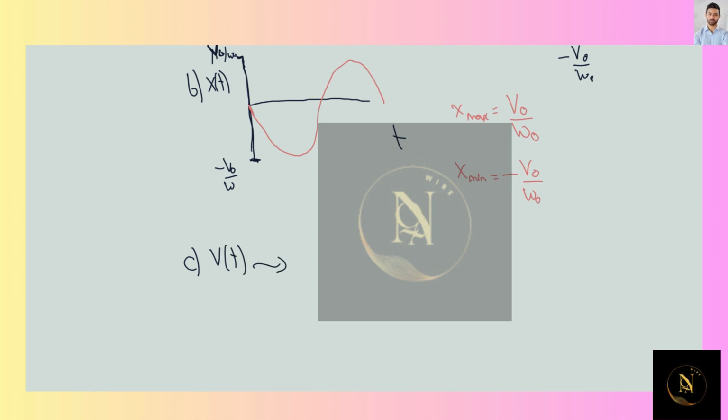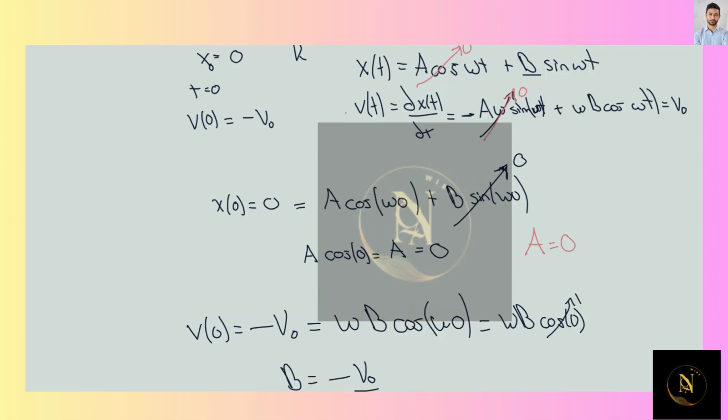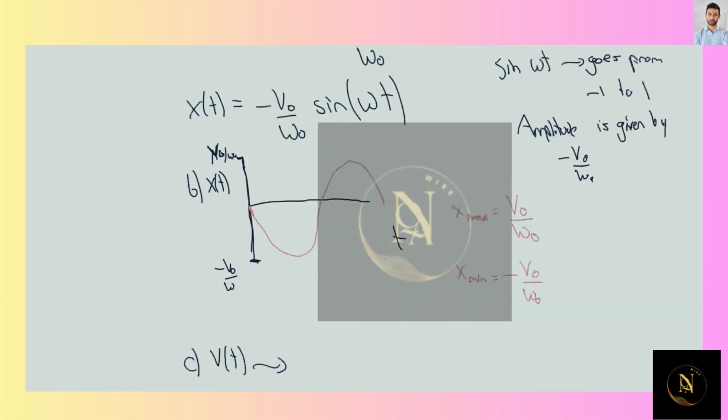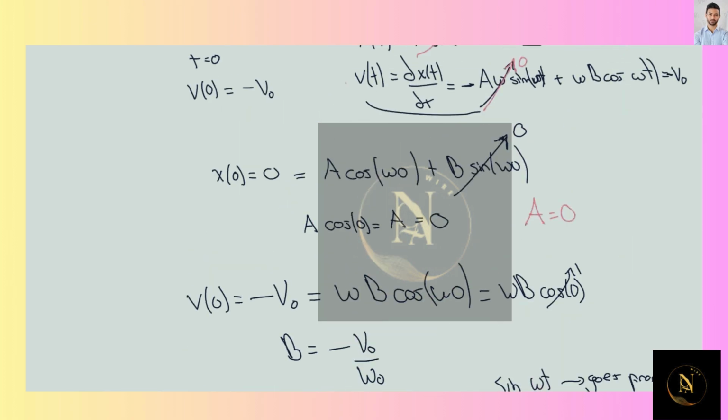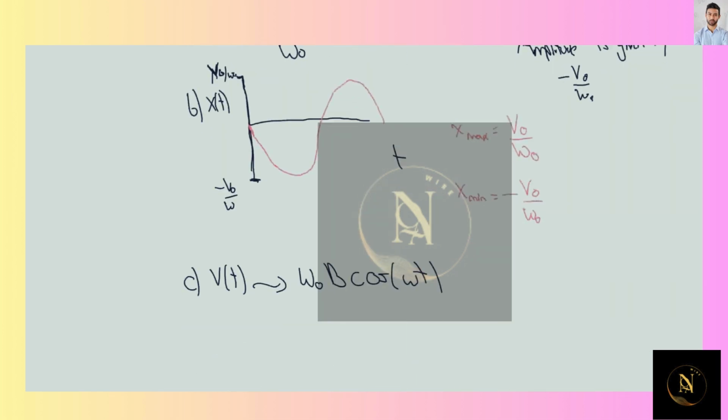And for part c, we want to write down an expression for velocity as a function of time, which we already did over here. The velocity as a function of time is equal to omega 0 times b times cosine of omega t, coming from this relationship.